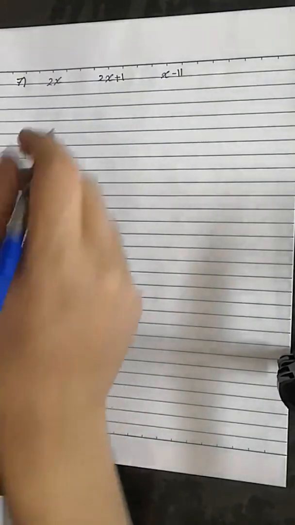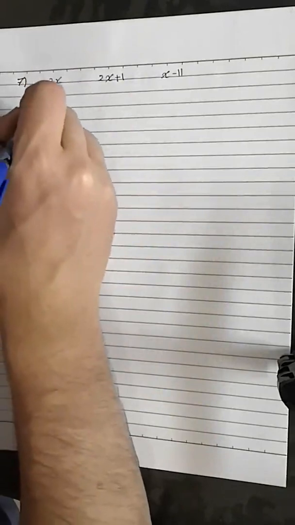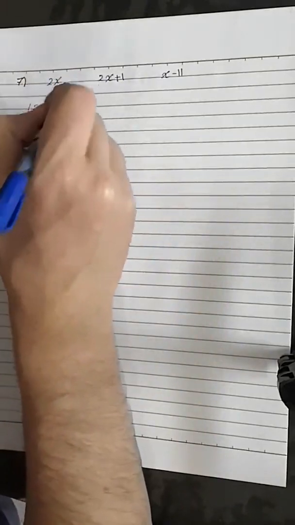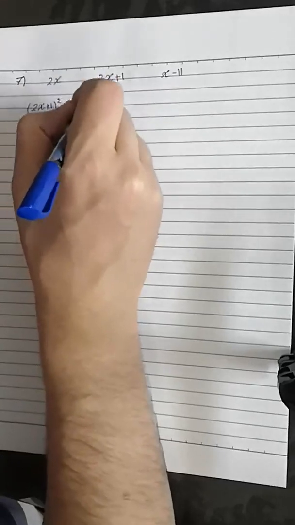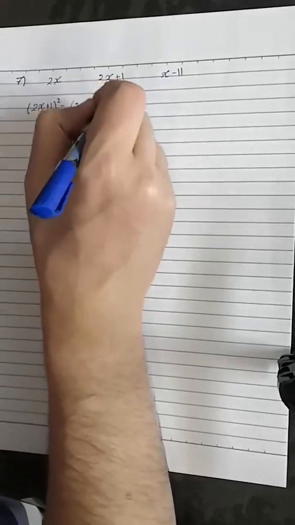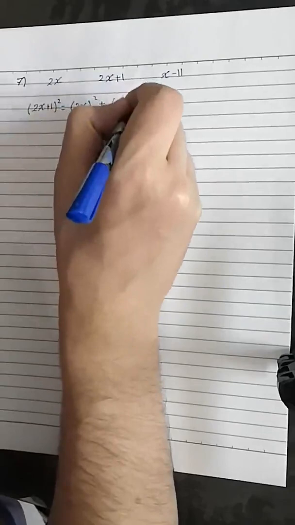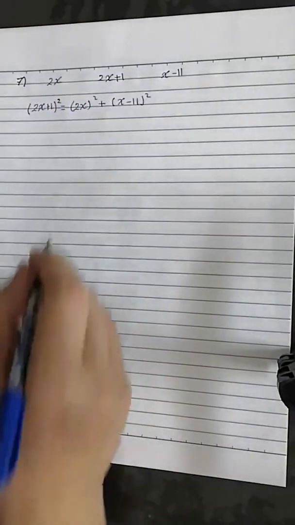Now, if I'm going to use Pythagoras, I have here the hypotenuse, which is 2x plus 1, all to the power of 2, equals the first side squared plus the second side squared. Expand all of it.